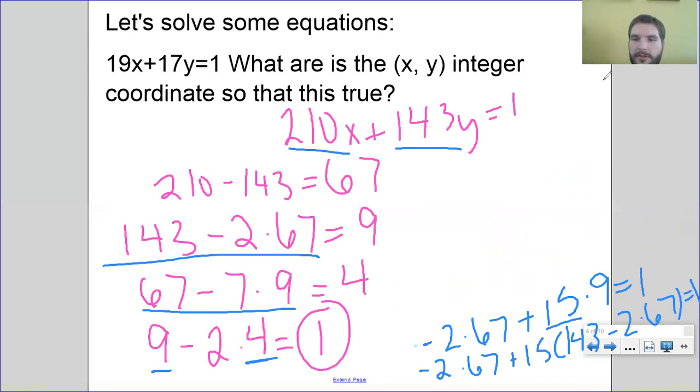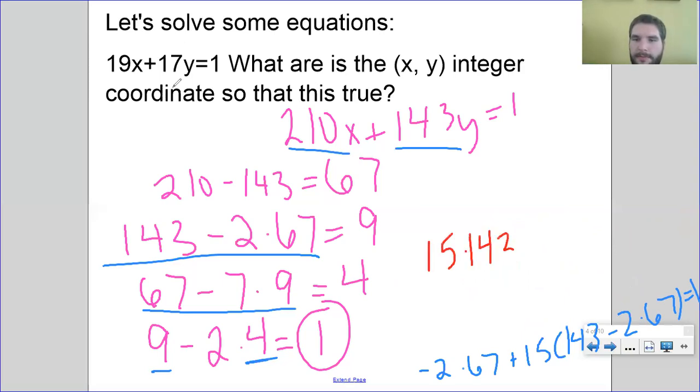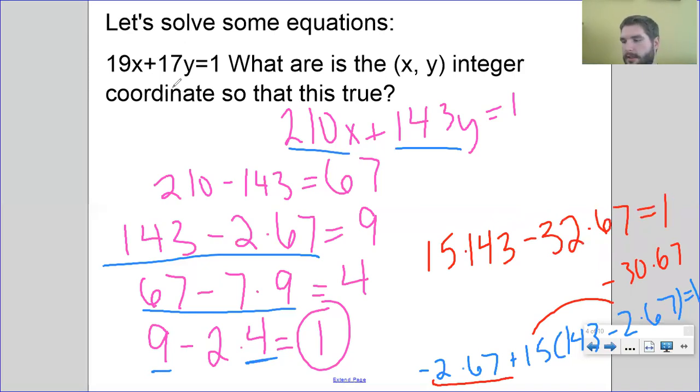And so if that's true, we can say that this is 15 times 143. And this would be minus 30 times 67. So this is minus 2 times 67, so minus 32 times 67 equals 1. And sometimes if you're a little worried about it and you are allowed to have a calculator, then throw this in your calculator and make sure you're still on the right track. This still checks out for us, so we're okay.